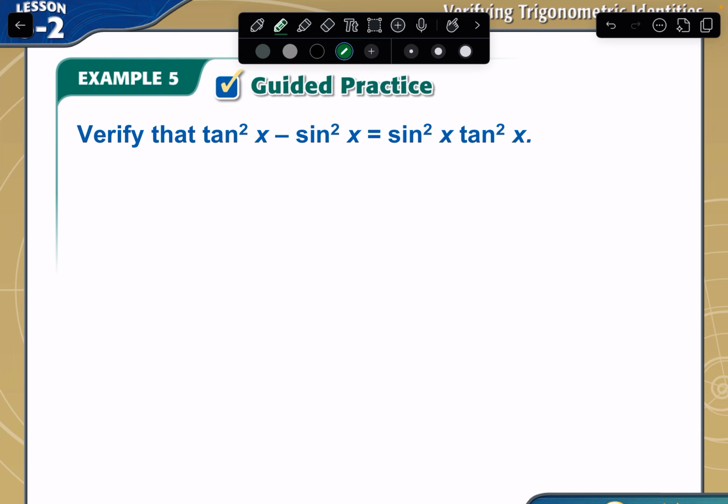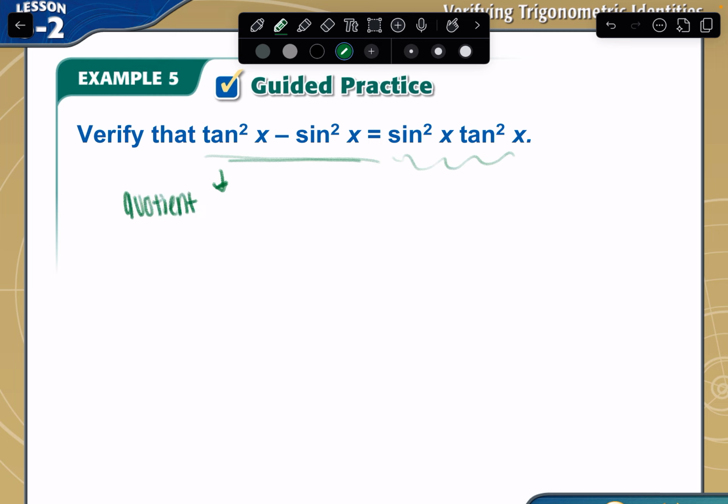It really doesn't matter which side you're trying to get to equal to the other side. I'm going to try to work with this side and make it equal to this side. You already have similar things in your answer. However, one is subtraction, one is multiplication. So I need to figure out how I'm getting there. So your tangent squared x. The first thing I'm going to do, tangent squared x is a quotient identity.